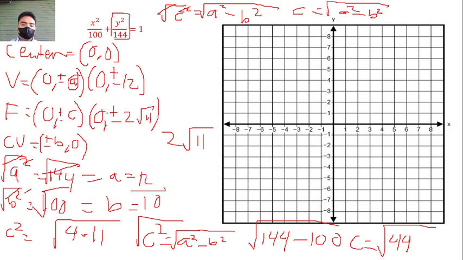Then, for your B, you have what? Positive, negative of B. What's your B? It is 10. So, you're going to add and subtract 10 to your x intercept, then the 0.